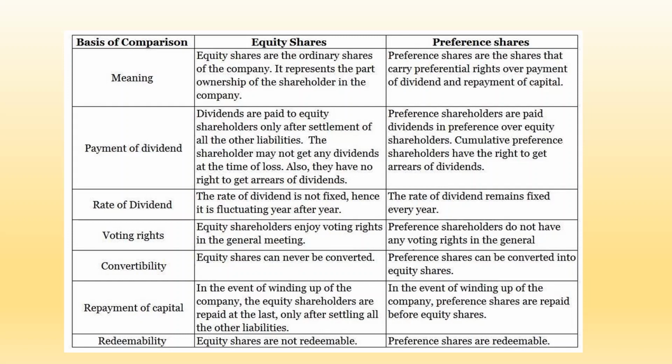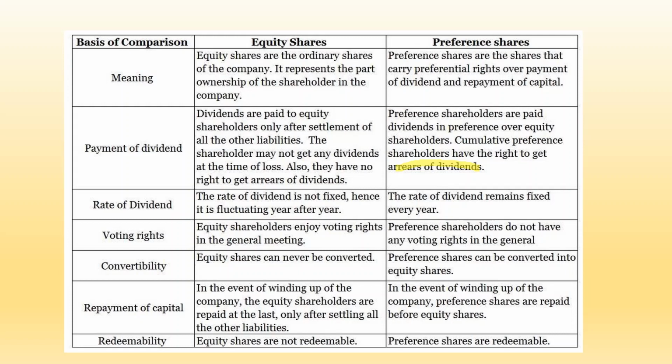Preference shares are paid dividend in preference over equity shares, and cumulative preference shares have the right to get arrears of dividend. Then rate of dividend: for equity it is not fixed, hence it is fluctuating year after year, but preference shares have a fixed rate of dividend.